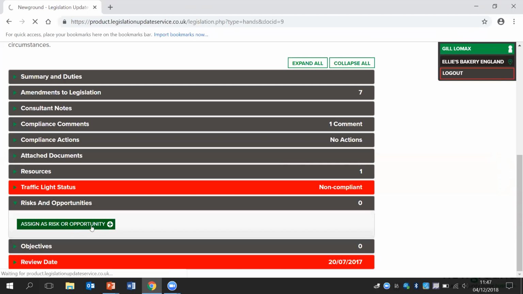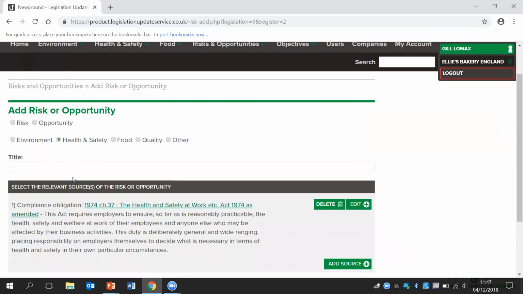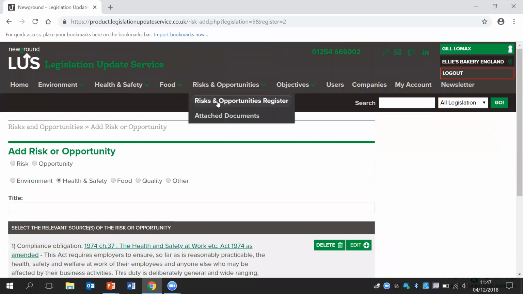And if I click on that, that will take you back to the risk and opportunity page, and it will pre-populate the source of that risk or opportunity being your compliance obligation and that particular piece of law. You can then also start adding in other sources here. And all of this will then create you a risk and opportunities register for you to use.